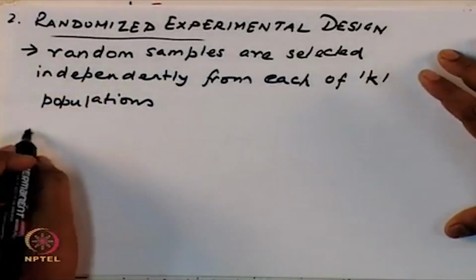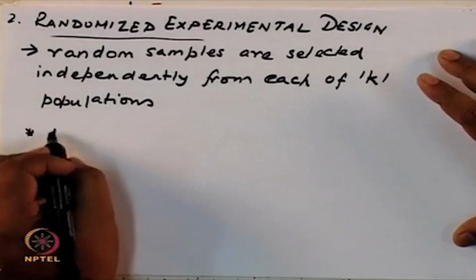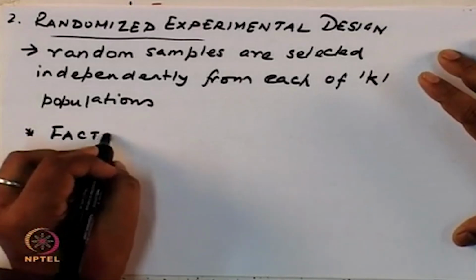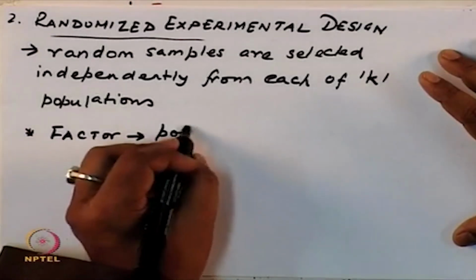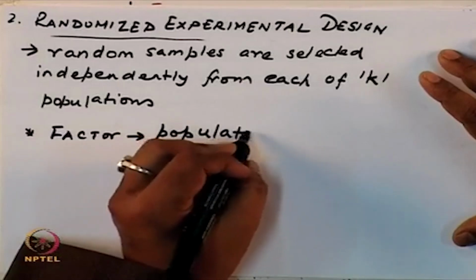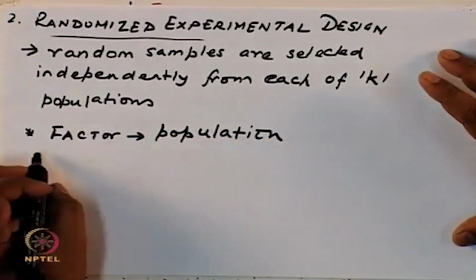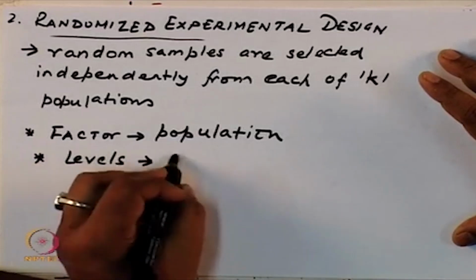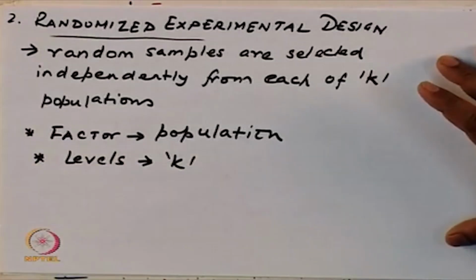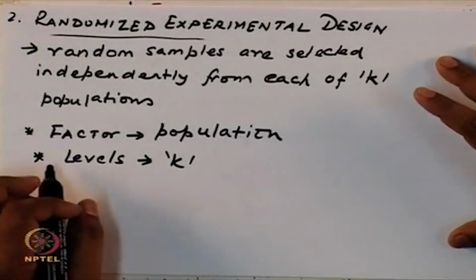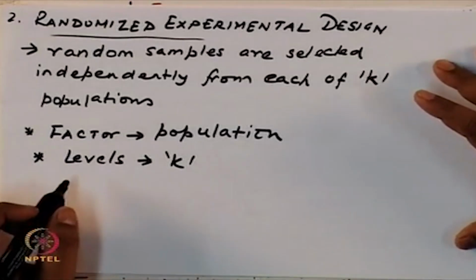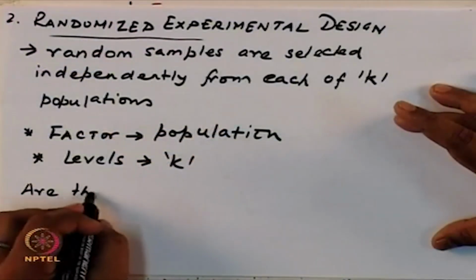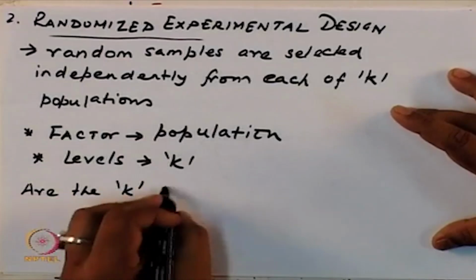So, in this, of course, your factor is the population itself. Your number of levels are k, as there are k subpopulations. Okay. So, the question with these designs, with these experiments you want to address is, are the k population means same or not?